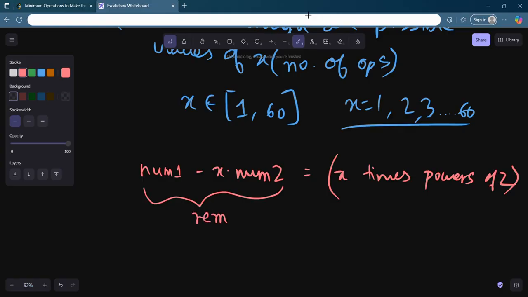Let's say this is the remaining number which we want to reduce. This remaining number may be greater than or less than num1, depending on whether num2 is positive or negative. I don't concern about that right now, because all I need to find is that x can be at most 60, and now this remaining number I need to reduce to 0 with x times powers of 2.